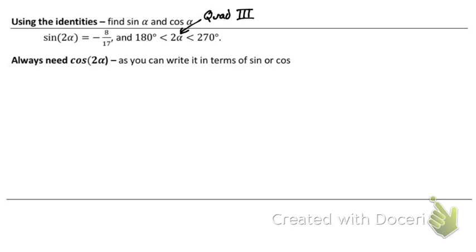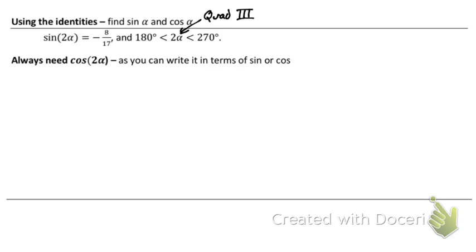Here is something we need to do, though. Whenever I talk about 2 alpha, it's in quadrant 3. If I ever talk about alpha, it won't necessarily be in quadrant 3, because this doesn't specifically say what quadrant alpha is in. But it's not hard to figure it out, because if I have 2 alpha and I just divide that by 2, I have alpha left.